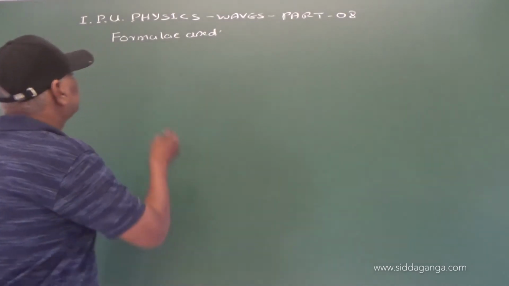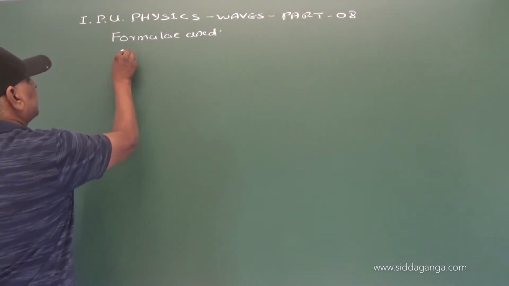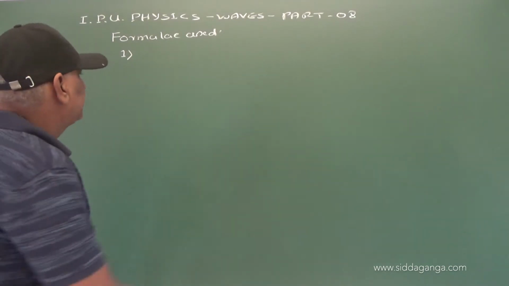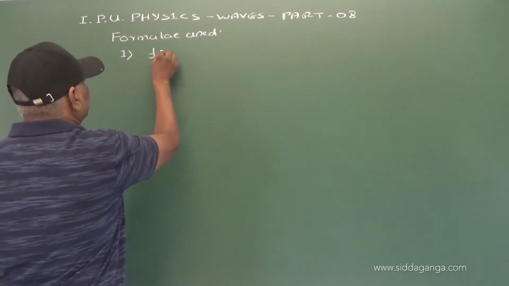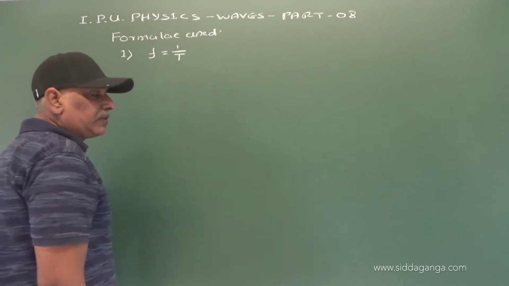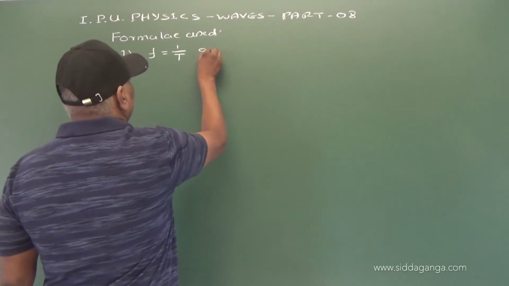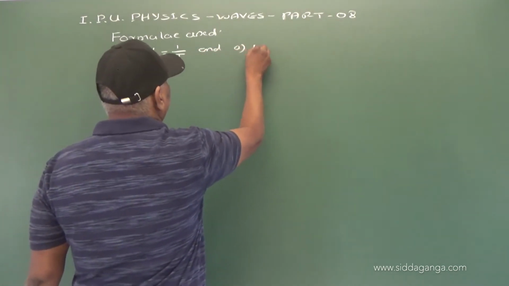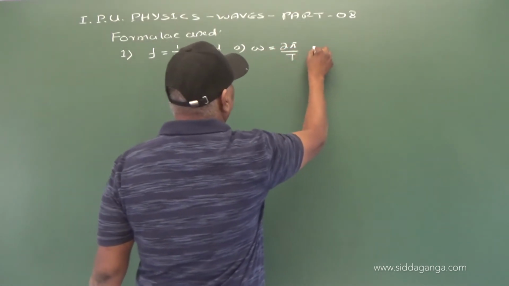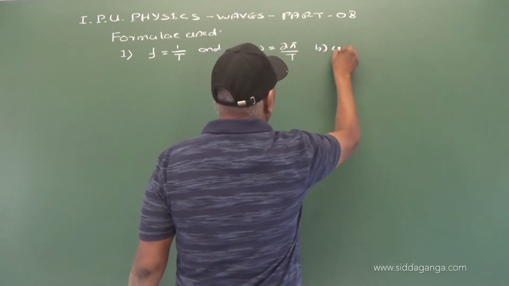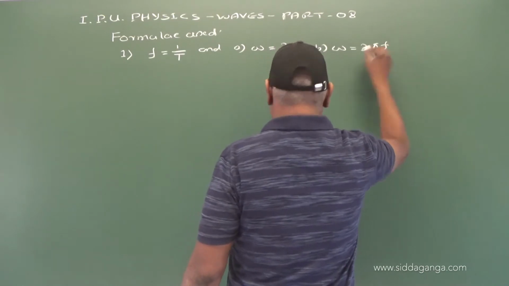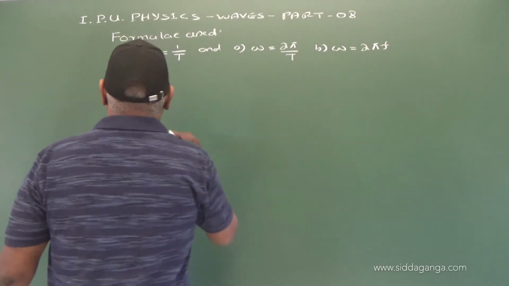The first one, which we have used in oscillations: frequency f = 1/T or T = 1/f, and omega = 2 pi/T, or omega = 2 pi f.